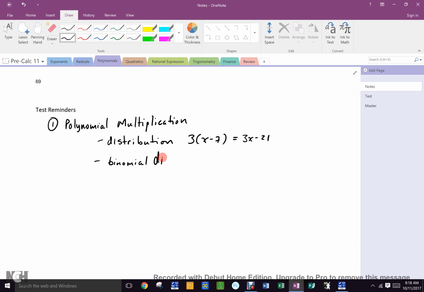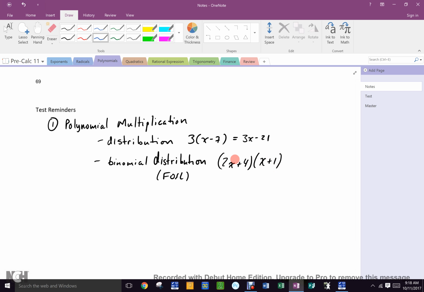What do we know binomial distribution as? What's its fun little name that you got for it? FOIL. Give me an example of it. (2x + 4)(x + 1).